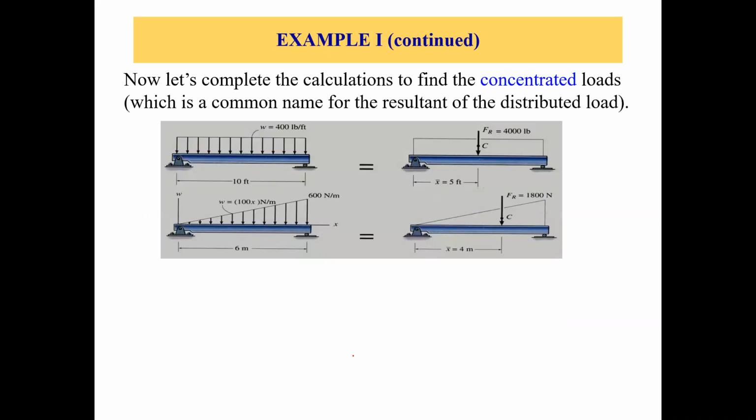So let's find out the resultant force, or we also call it concentrated load, due to this kind of loading. All right. So let's talk about this first one. We have this rectangular loading, and the magnitude is 400 pounds per feet.